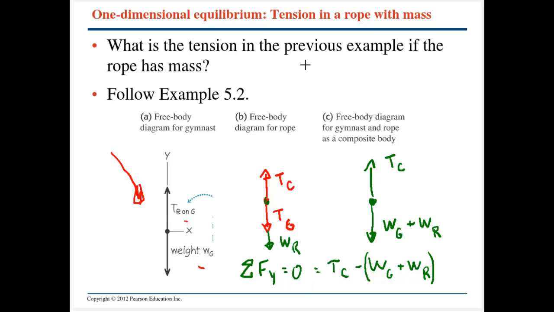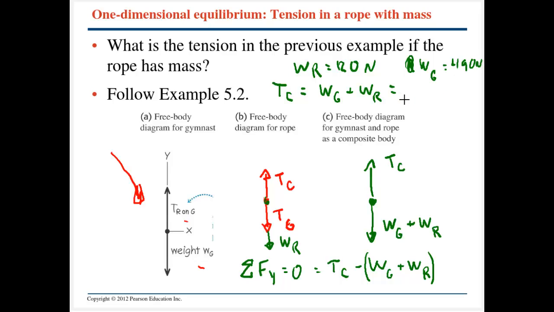And if we know that the weight of the rope is, say, 120 newtons, then now we can say the tension on the ceiling is going to be equal to the weight of the gymnast plus the weight of the rope. We calculated the weight of the gymnast earlier to be 490 newtons. So the sum of those two is simply going to be 610 newtons.